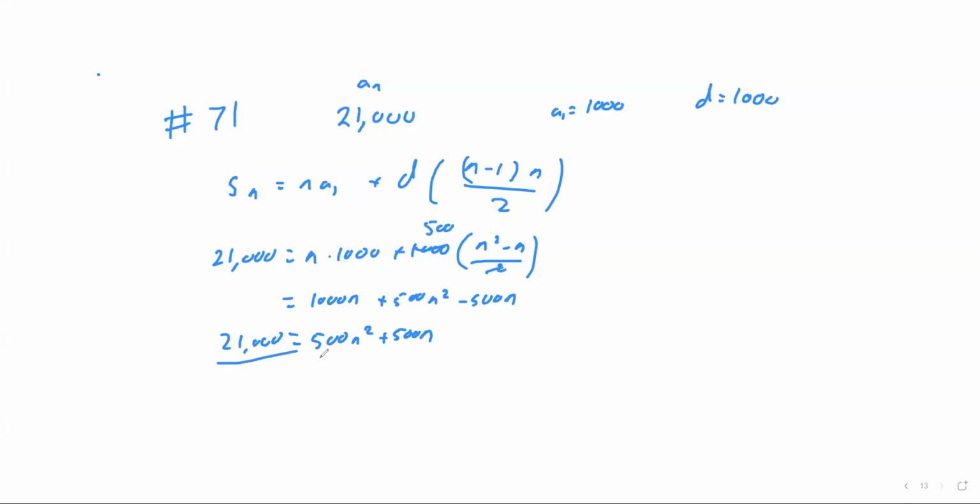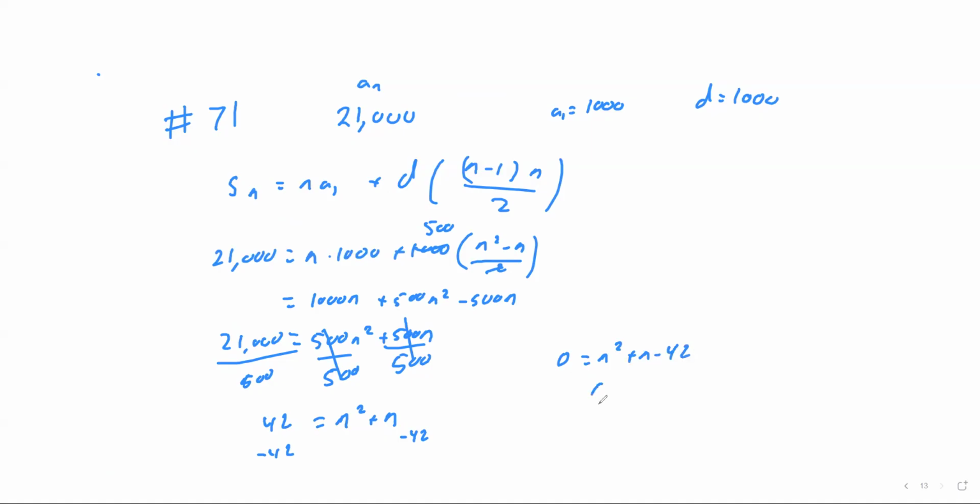I'm going to divide everything by 500 to get these numbers a little bit smaller. Give me n squared plus n, and then this would be 42. So to make this a quadratic, I need to subtract 42 on both sides. So this would be 0 equals n squared plus n minus 42.